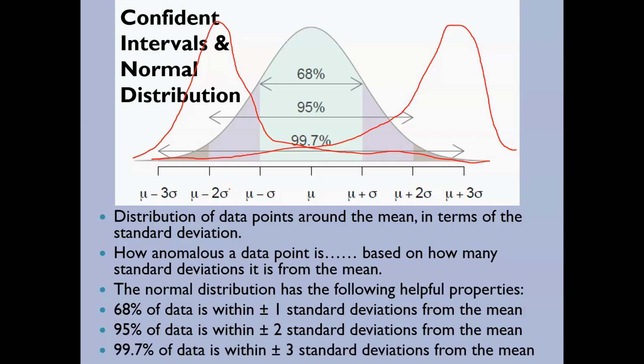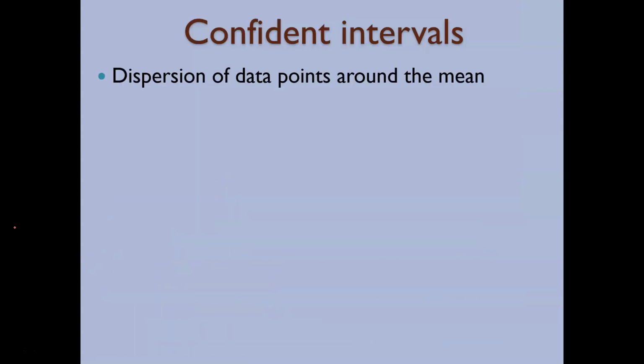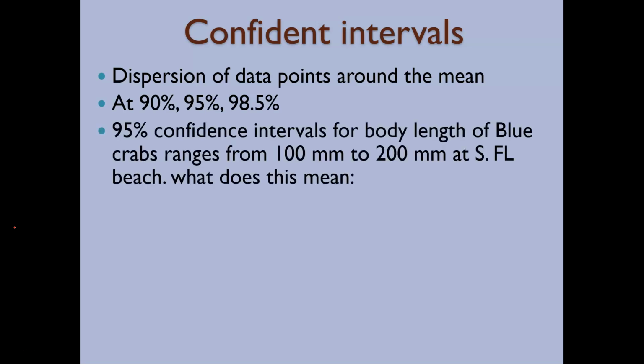Last, the 99.7% confidence interval refers to data points located within three standard deviations around the mean. Confidence intervals, like I kept repeatedly mentioning, give you an idea about the dispersion of the data points around the mean. And like I mentioned earlier, the 95% confidence interval is the universally accepted one.